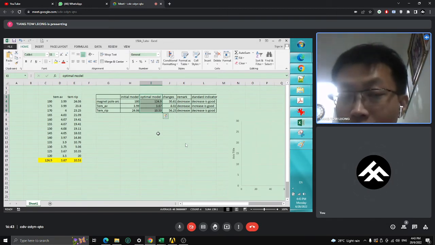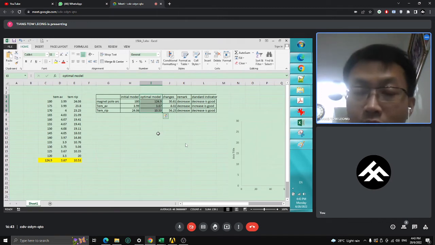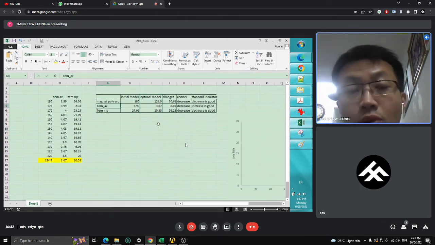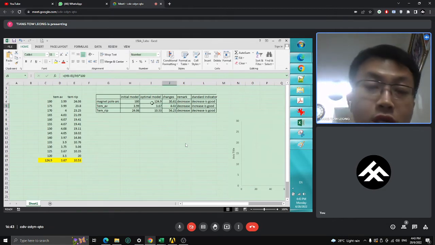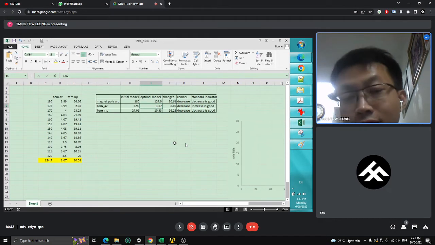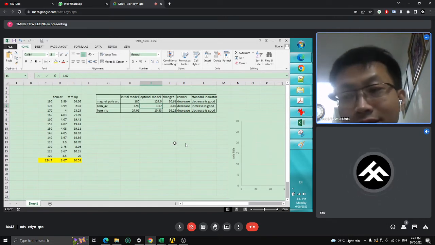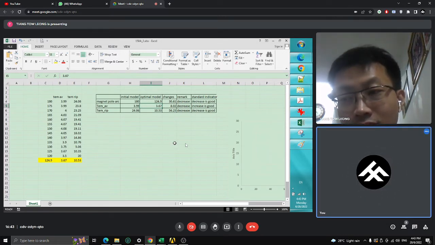Sometimes when they present like this, the panel will ask you, you said that we want to get the electromagnetic torque higher, tapi sekarang sudah decrease. Kenapa you nak pilih dia? So how do you answer? Because the ripple change is bigger.